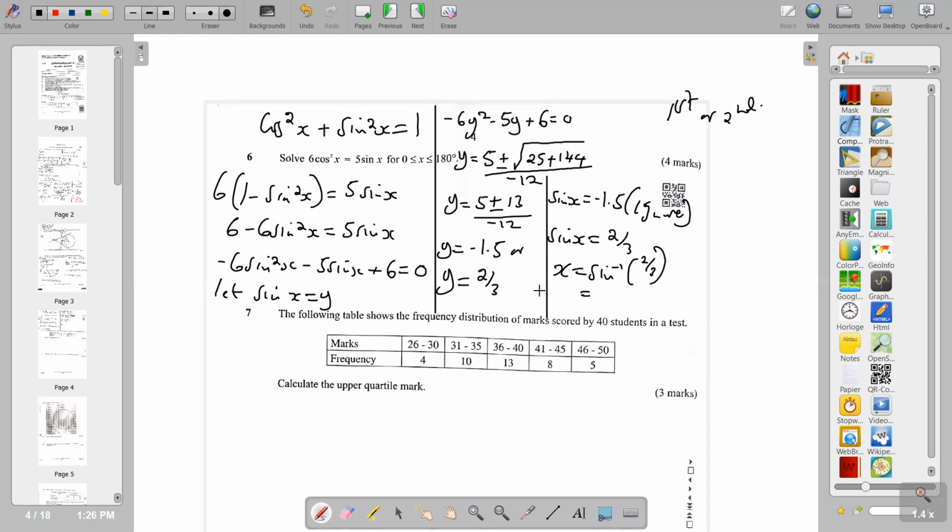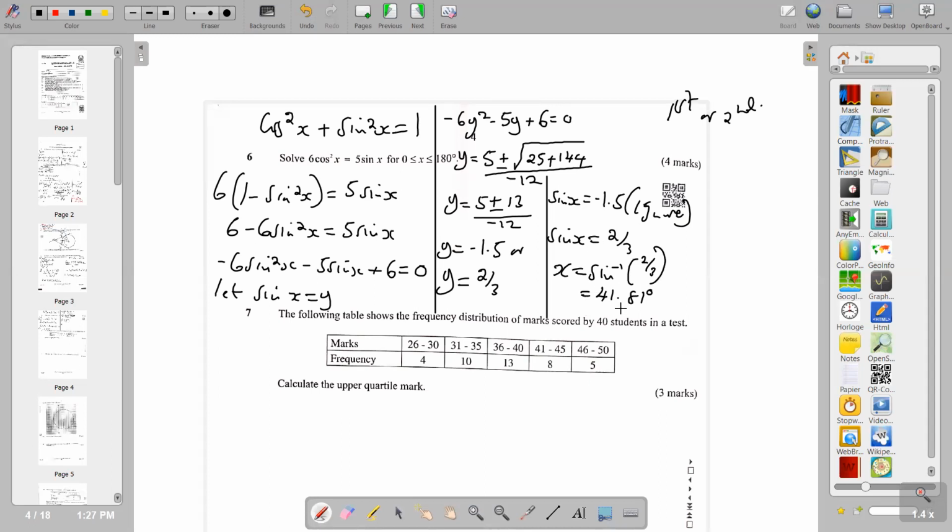We're going to get it as 41.81 degrees. Now this one is the first quadrant. So in the second quadrant, you're going to take 180, you subtract 41.81.